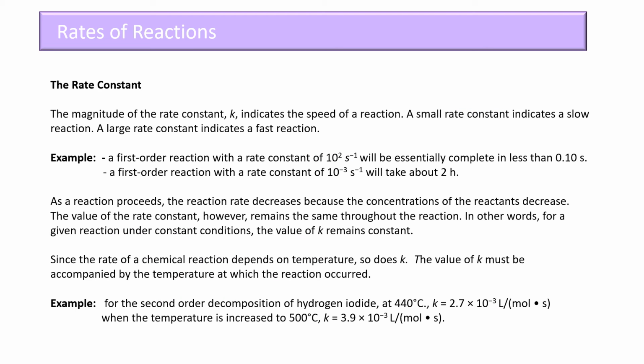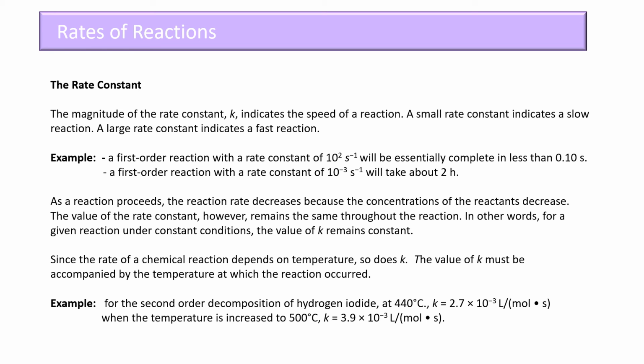So let's take a closer look now at the rate constant. The magnitude of the rate constant, k, indicates the speed of the reaction. A small rate constant indicates a slow reaction. A large rate constant indicates a fast reaction. Let's take a look at an example.